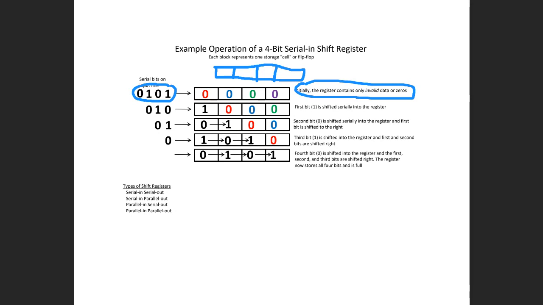Initially, on the first click of the clock, this one right here moves over into this space. So here it is, that 1 is moved over here. And then this 0 right here is shifted over 1 place to the right. On the next click of the clock, I've got this 0, and that 0 is loaded in.